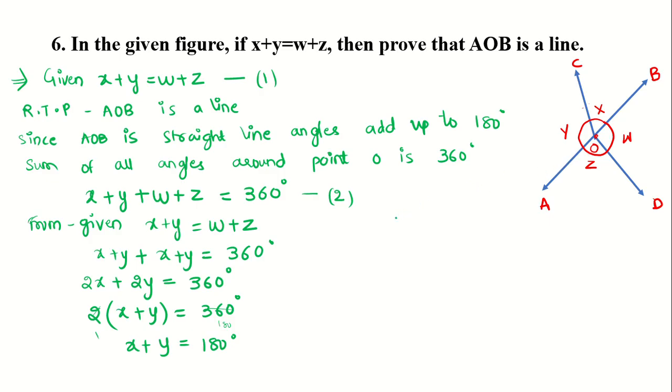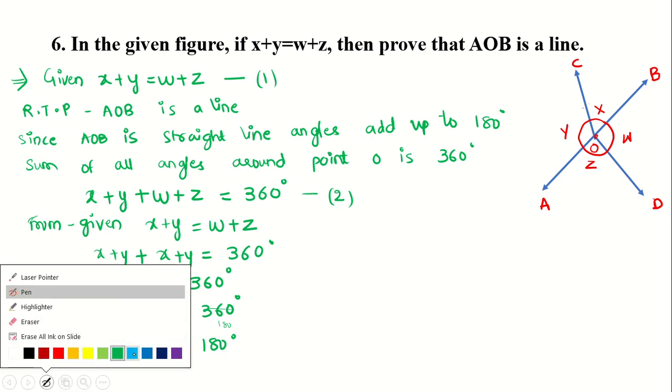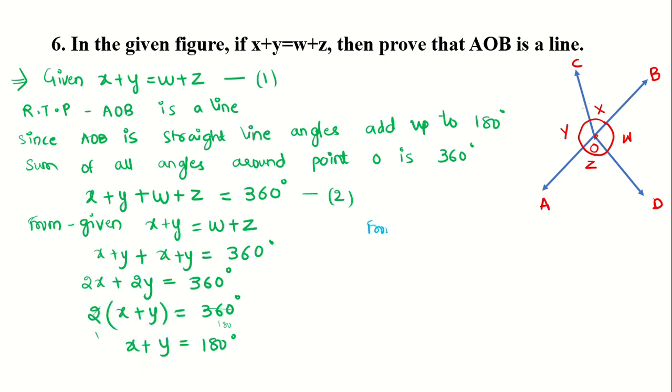From the definition of linear pair of angles, X plus Y is equal to 180 degrees.